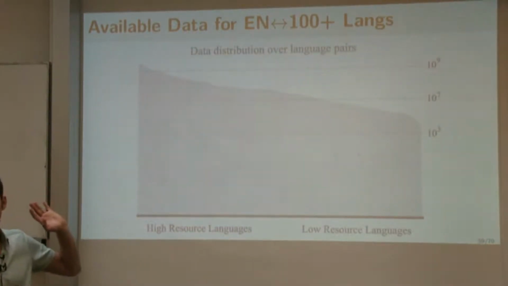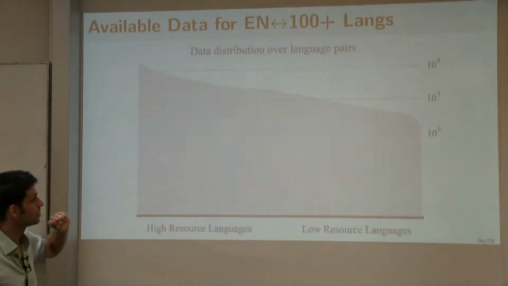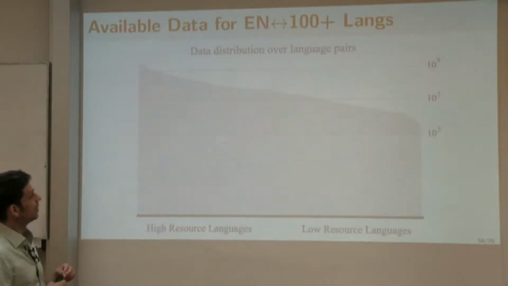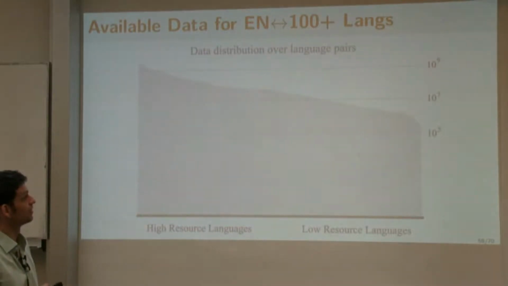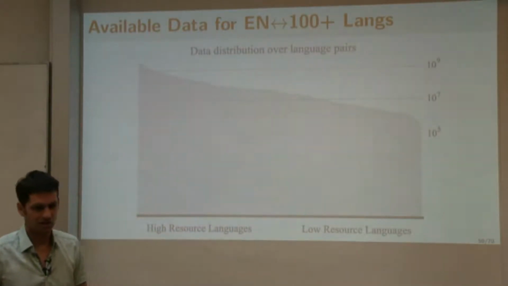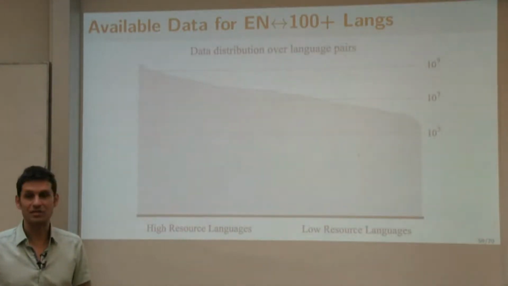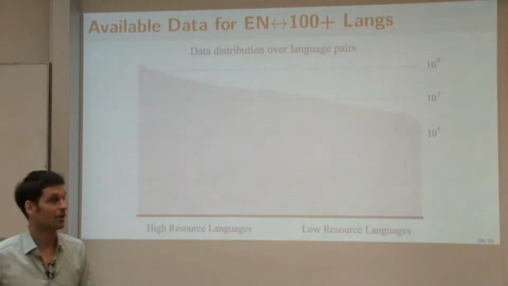They have parallel corpora for 102 languages, and these are the data sizes. Sometimes you have billions of word pairs. Sometimes you have just tens of thousands of sentence pairs. So this is the distribution that you get for languages which are already well represented in the digital domain, and there are even languages which are much less represented.